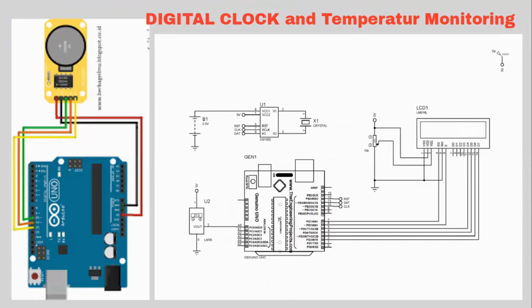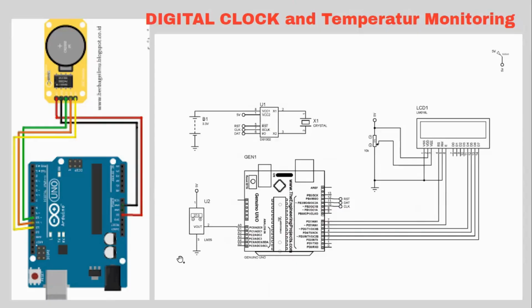There is another circuit with RTC. Last week we learned about RTC, that is for clock and timing, digital clock and temperature managing. So what exactly is there? You can see an Arduino board, a clock, and also an LM35, a transistor-type device, which is a temperature sensor. The temperature and clock will be displayed on your display.